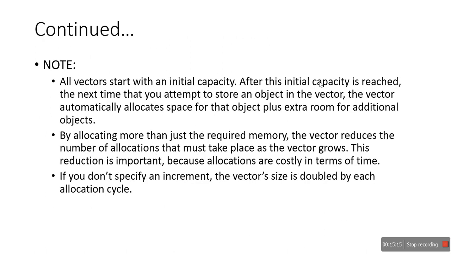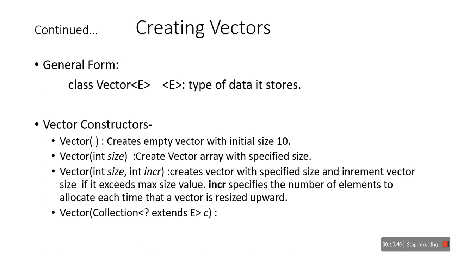After this initial capacity is reached, the next time you attempt to store an object, that is an element, in the vector, the vector automatically allocates space for that particular object plus extra room for additional objects. As I said, here the maximum value is 10.